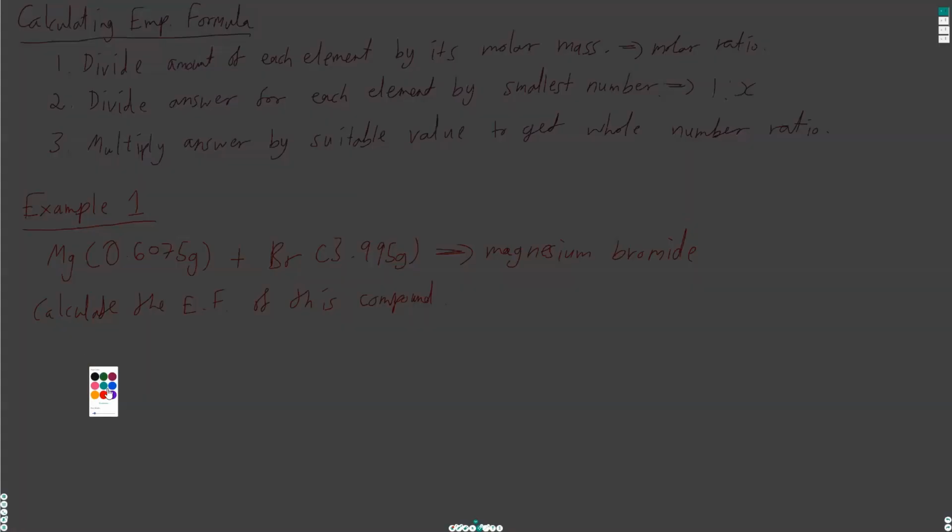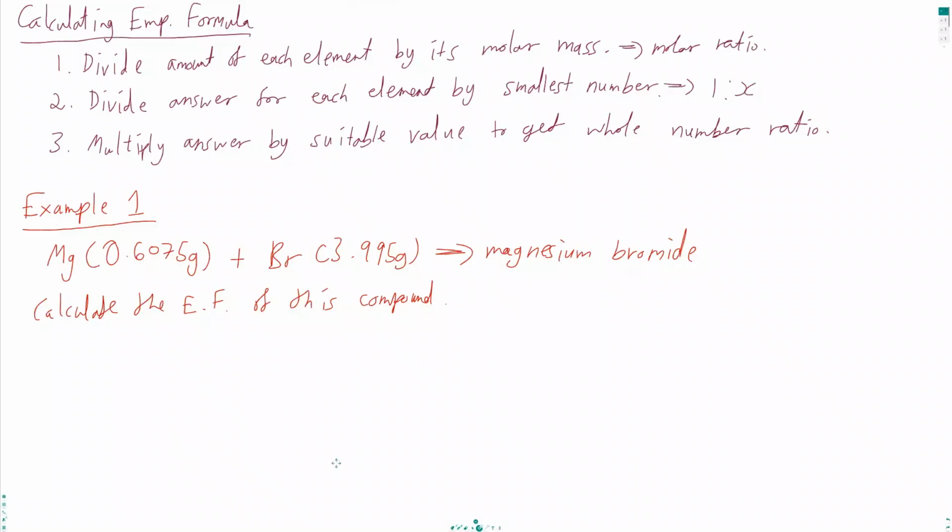So the way I like to organize this is to do Mg on one side and then Br on the other side, and just work my way down like that. So we have here 0.6075, and then 3.995.